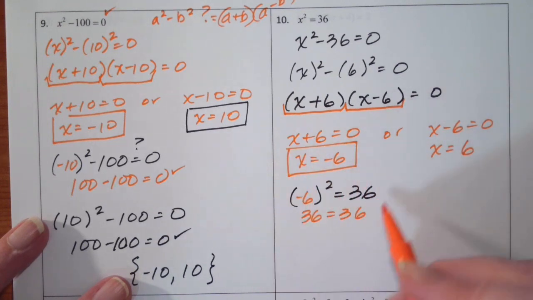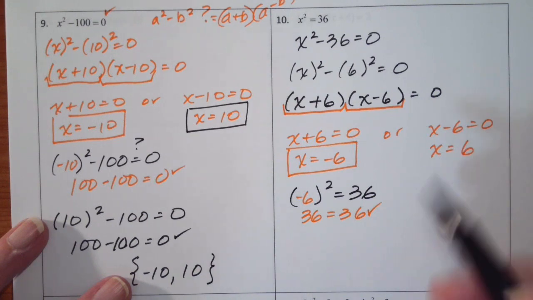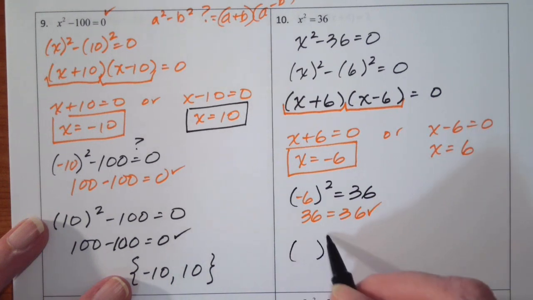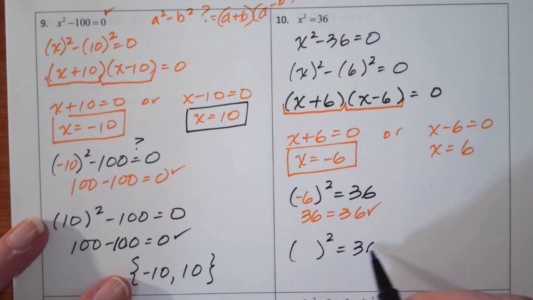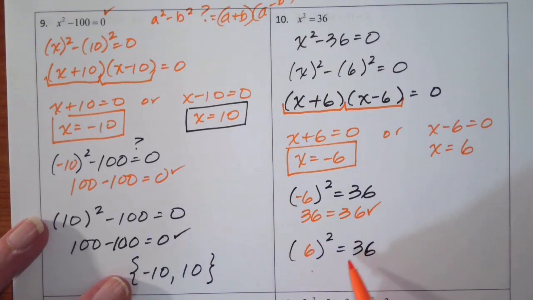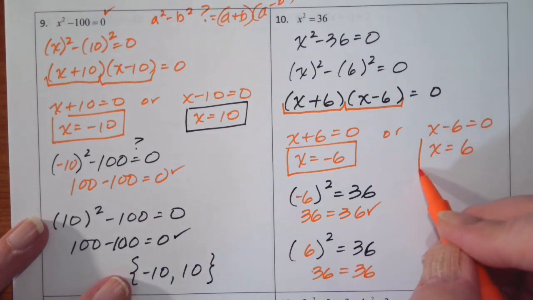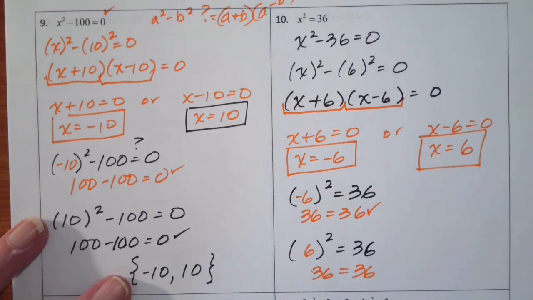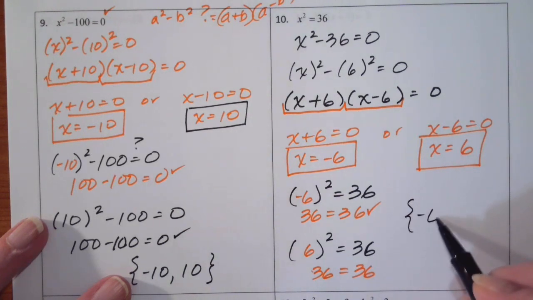So this one checks. Same thing for the other value. I want to know if 6 squared equals 36. 36 equals 36. So that one checks as well. And my solution set is negative 6, 6.